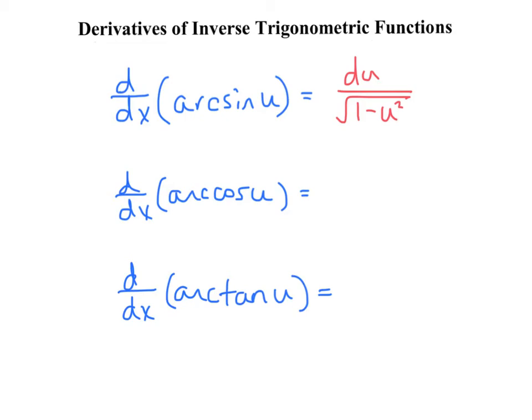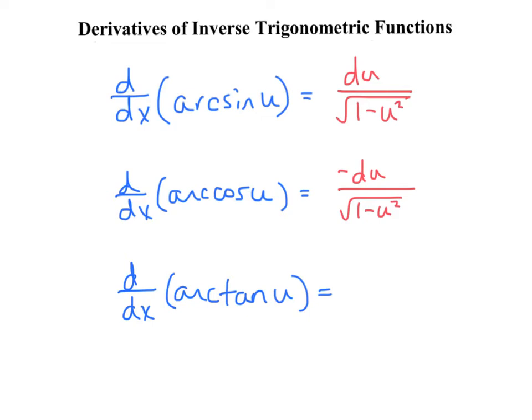The derivative of arc cos u, or inverse cos u, would be negative du over the square root of 1 minus u squared. So those look very similar. Obviously, the big difference is that sine is positive and cosine is negative. That should not be a stretch for you to memorize, because remember, the derivative of sine is positive and the derivative of cosine is negative.